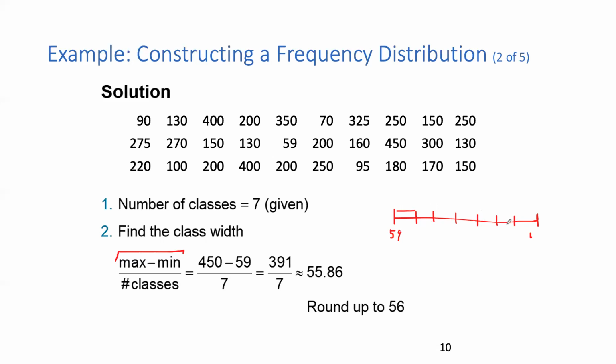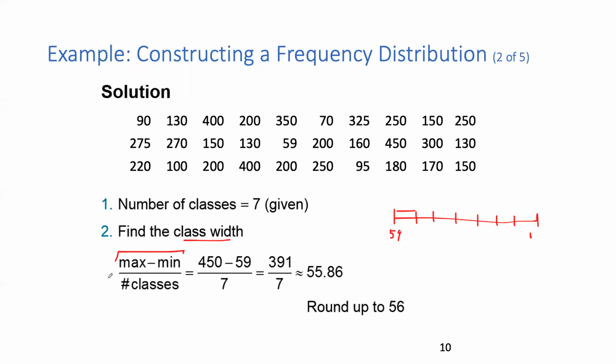Obviously I can't draw it perfectly, but you can imagine that these are equal parts. So given that I know the range of the data set, now I can divide that up and figure out how large each class should be, which is what we call class width. The class width essentially tells me how wide each of these categories into which I'm going to sort the data should be.